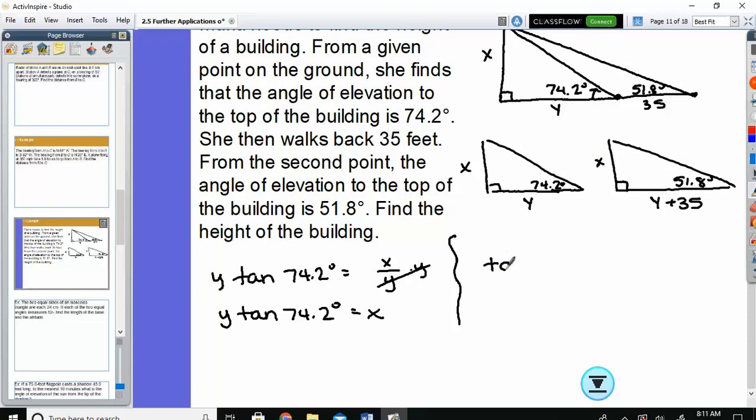X is opposite, y plus 35 is adjacent, so we could again say tangent. Trying to solve for y, we would multiply by the denominator.